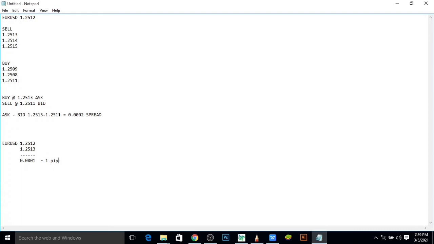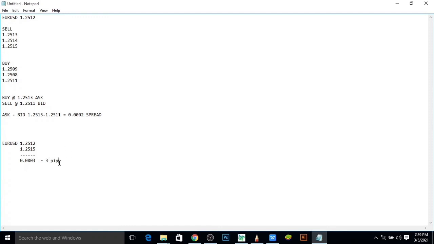So that means if the price had been 1.2512 and it now changes to 1.2515, you would agree with me that the last digit changes by 3, so this will be 3 pips.